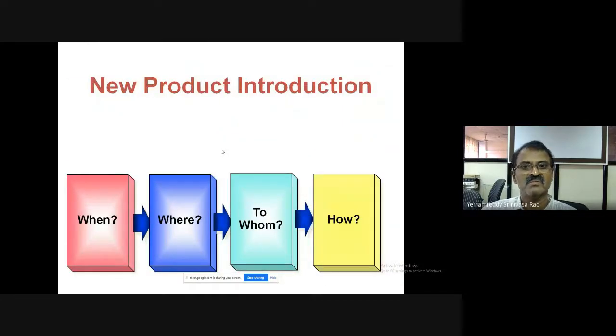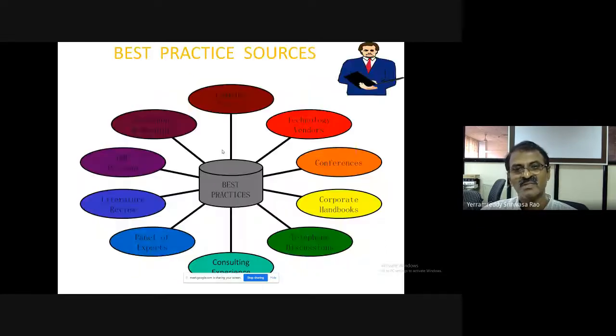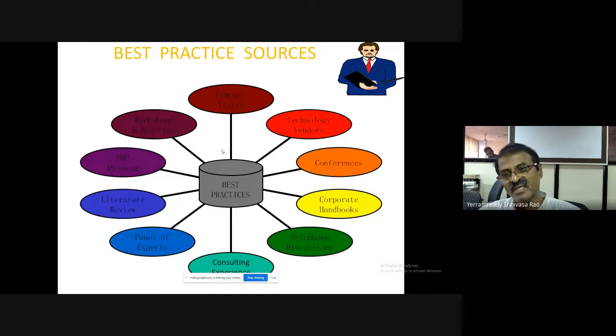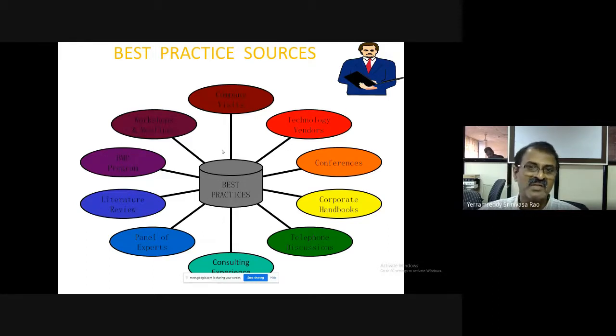Okay, so whenever you go for a new product, one has to question when, where, whom, how, right? There are some best practices before you actually start doing things. Today we are having a discussion, a group of people who are discussing, or you also need some industry visits. You just see the existing products.